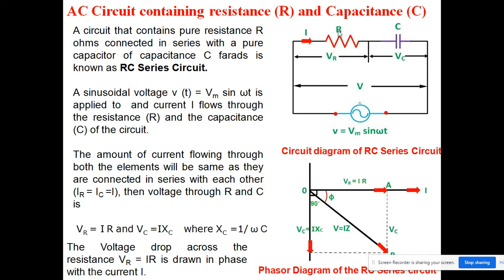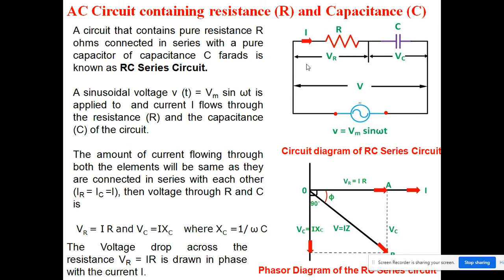The voltage drop across the resistance is VR, and across the capacitor plates is VC. Since both are connected in series, the current in R and C is the same current I.